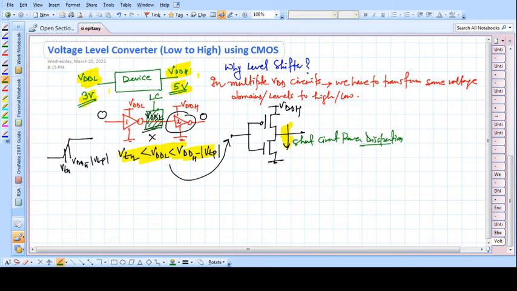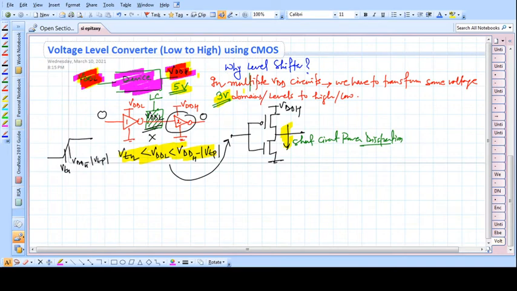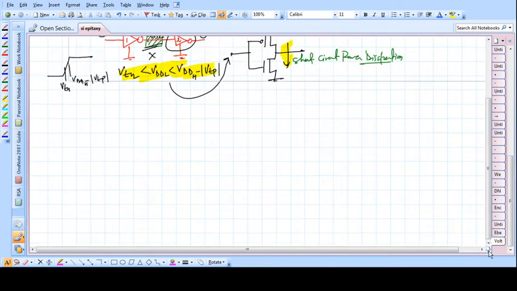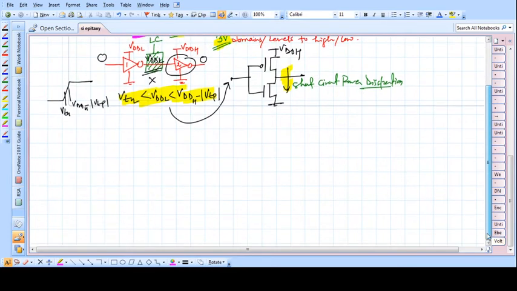This level converter is nothing but simply this black box that has the ability to convert VDD L to VDD high. How we can achieve this VDD L to VDD high using MOS based circuitry, I will discuss. For this one I am making a simple MOS based structure. It is very simple.